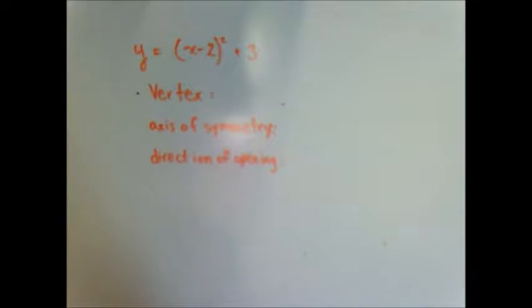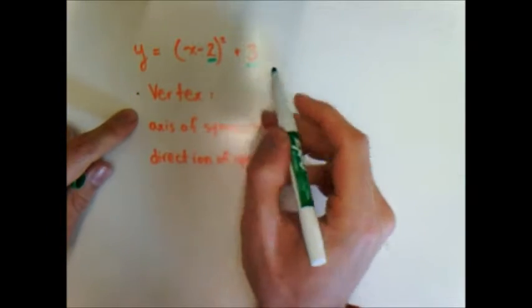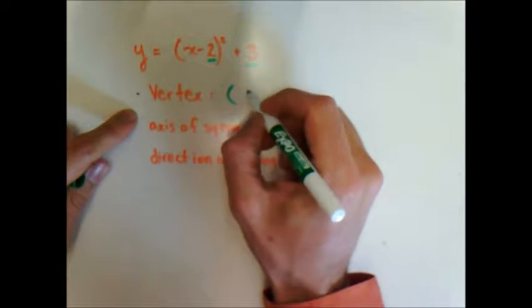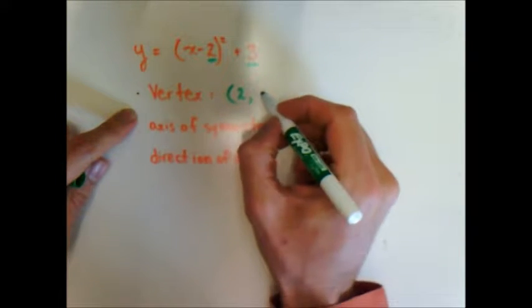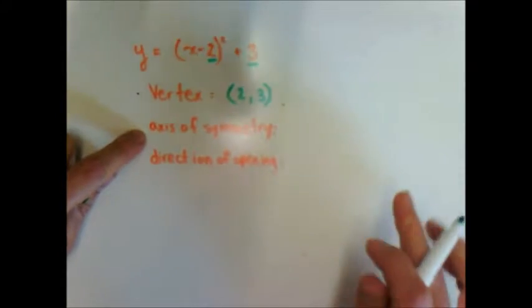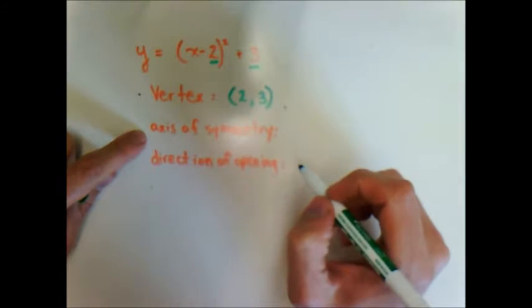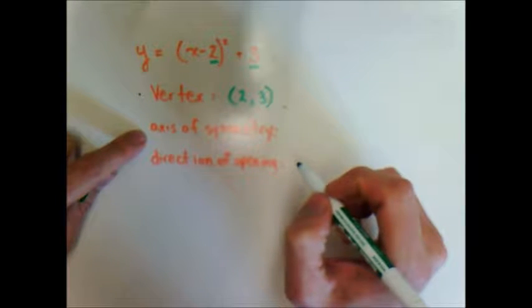So the parabola that we are given, the equation is already in vertex form. So our vertex we can right away just say is h and k. So our vertex, the x-coordinate is 2, the y-coordinate is 3. For the axis of symmetry, well, the axis of symmetry is the line x equals, and it goes through the vertex.